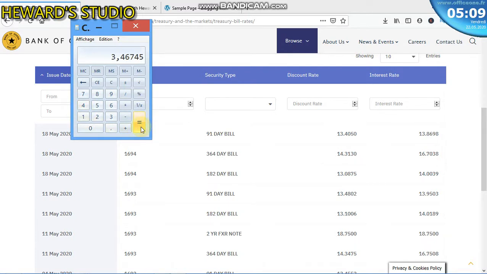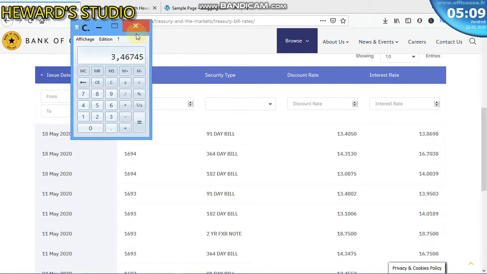So without thinking hard on the interest that you will get, this is the interest rate you are getting this week. You can note it somewhere and use it for your calculation.